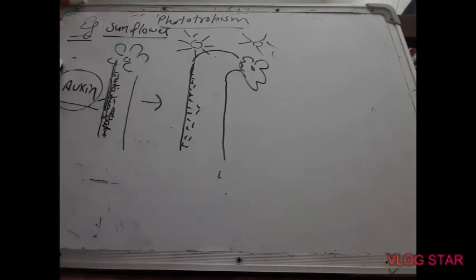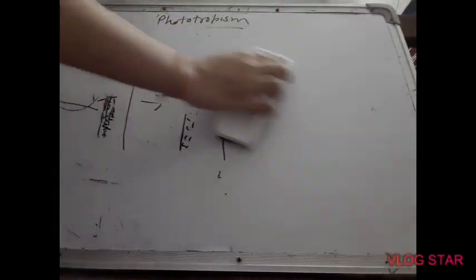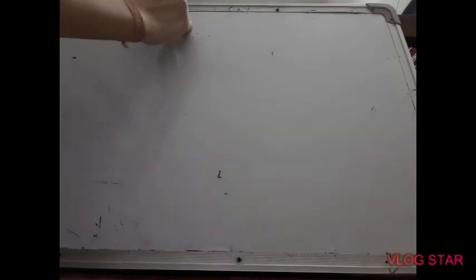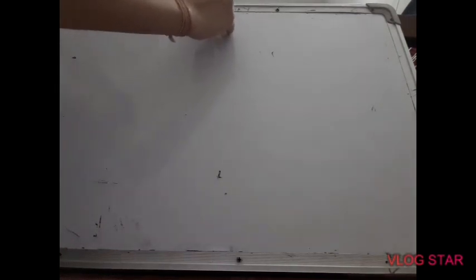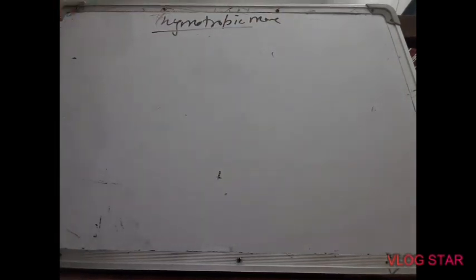So this was an example of phototropism. Now let us study thigmotropic movement. What are thigmotropic movements or thigmotropism? It is a movement of plant parts towards or away from a stimulus. Which stimulus? Here, touch.